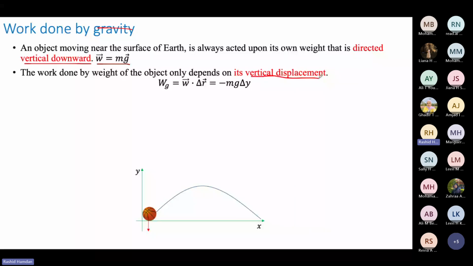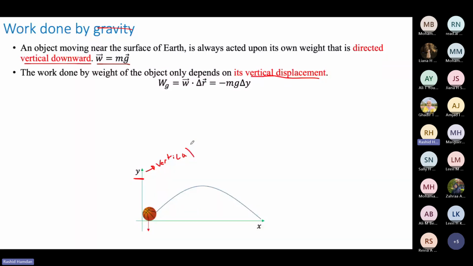So if we have a ball that we are throwing up in the air, and we choose the y-axis vertical, maybe we don't always call the y-axis vertical, but here I'm talking about the vertical direction. So this is the vertical axis. I have to be specific that I'm choosing the y-axis vertical.